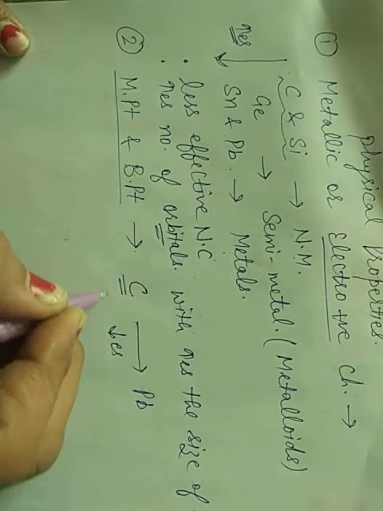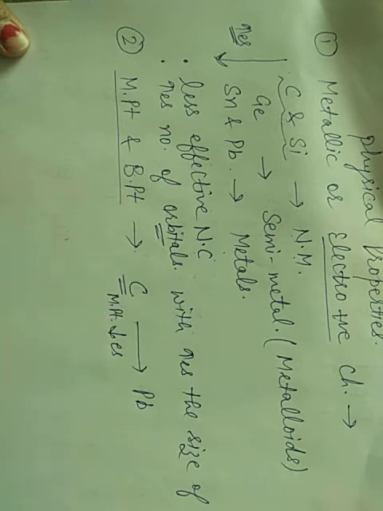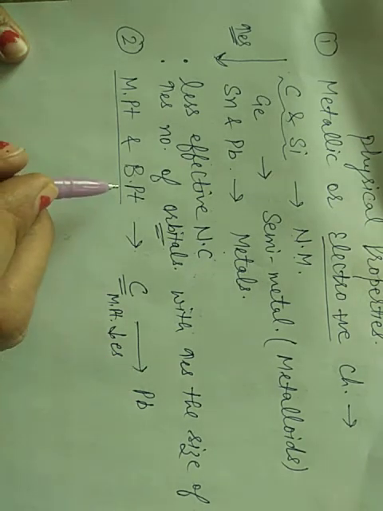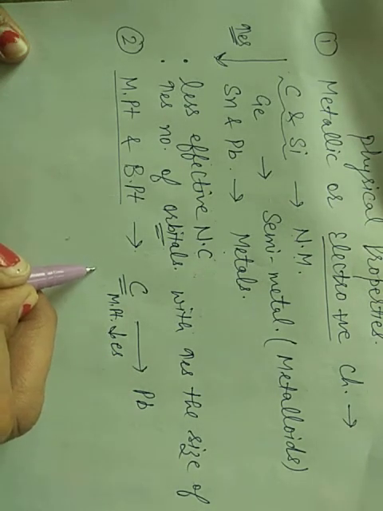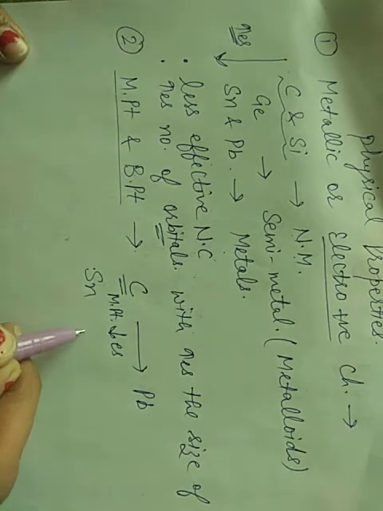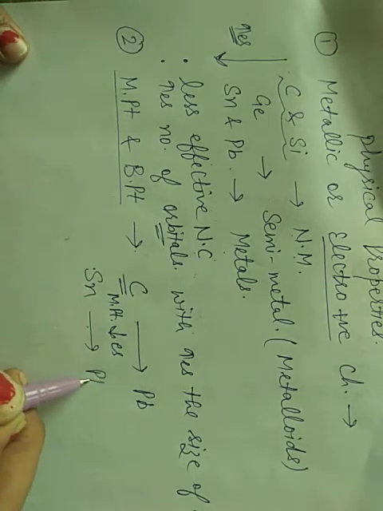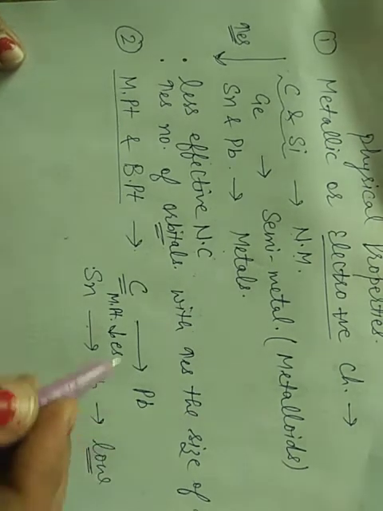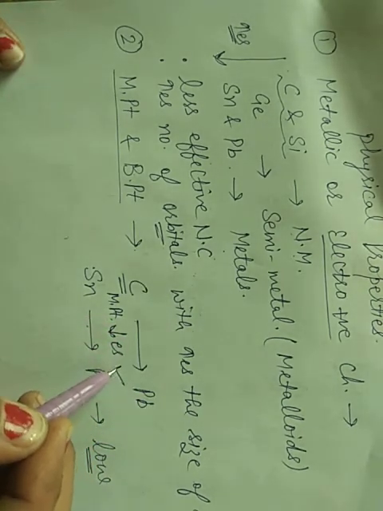Melting point decreases. What is the reason behind this? And from tin to lead, it becomes very low. Melting point बहुत low होता है. तो सबसे पहले melting point यहाँ पे decrease होता है.